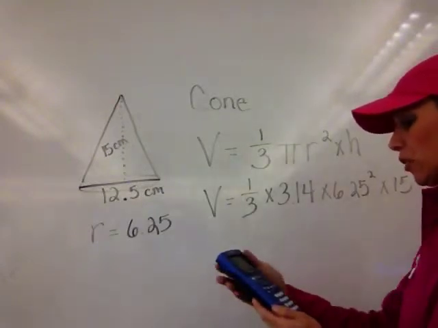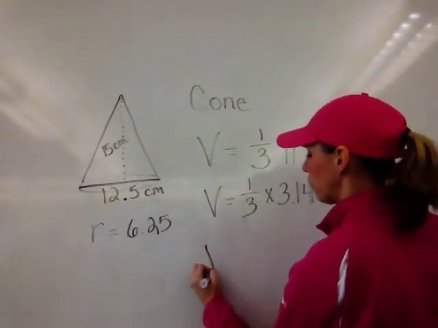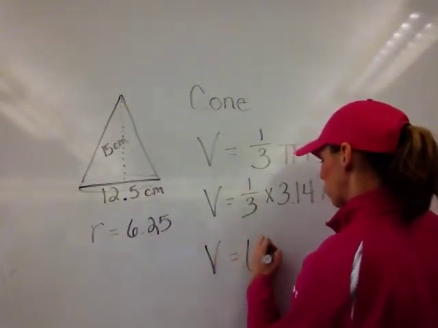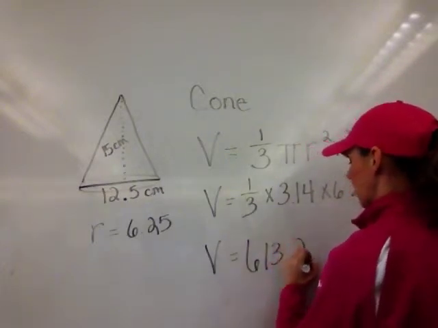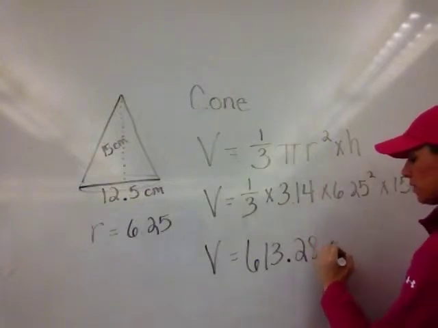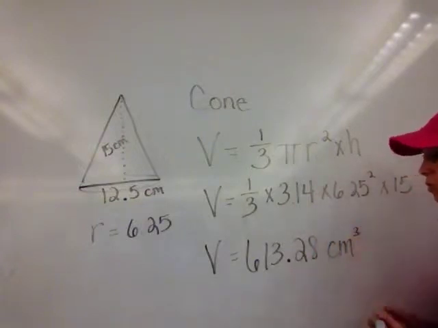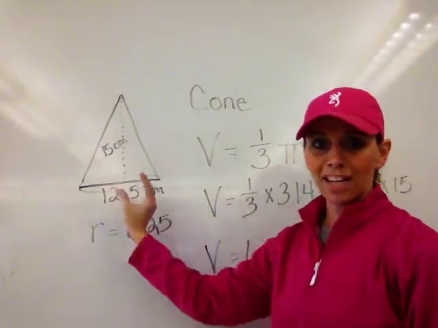If you do that, you're going to get 613.28 for your volume. I usually write 2 numbers after the decimal point. That is centimeters cubed, which would be the volume of your cone, the space inside your cone.